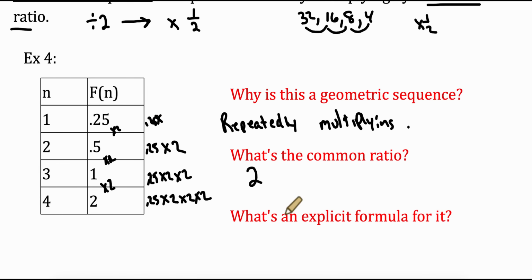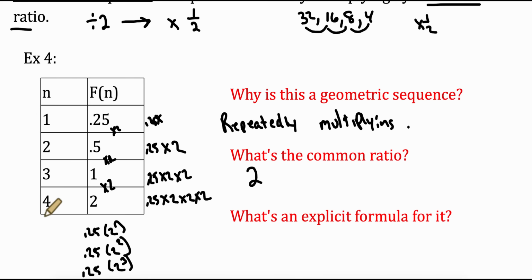All right, so let's see, what doesn't change? Well, let's rewrite this a little bit. This first one is going to be 0.25 times 2 to the first. The next one would be 0.25 times 2 to the second. And the third one would be 0.25 times 2 to the third.